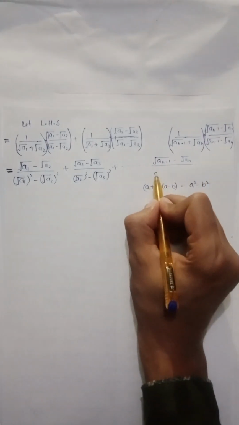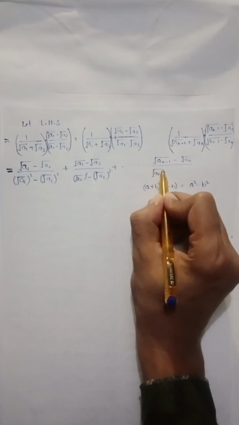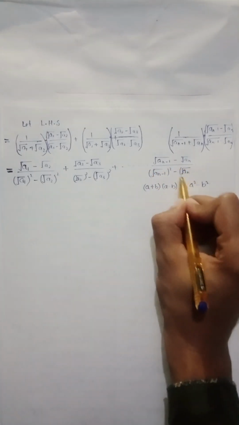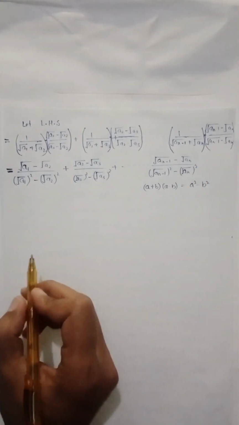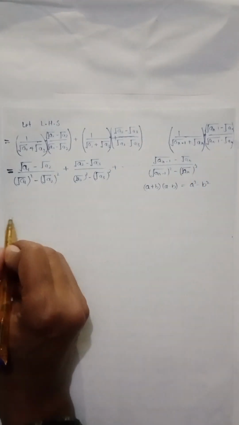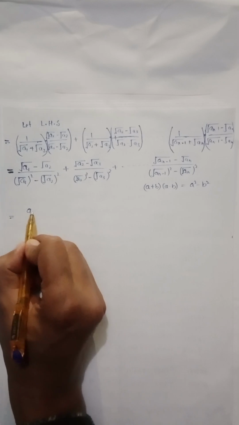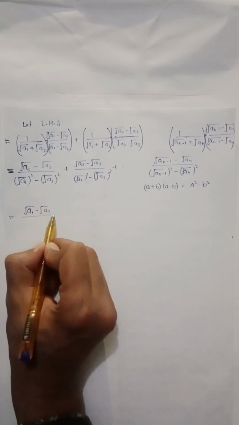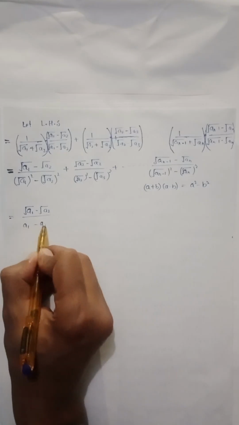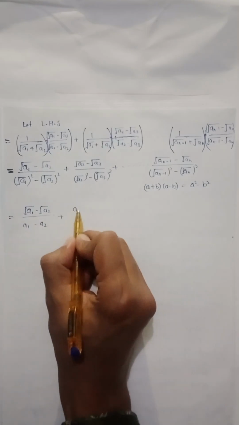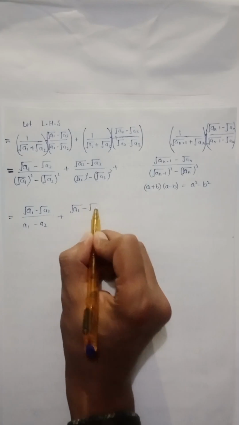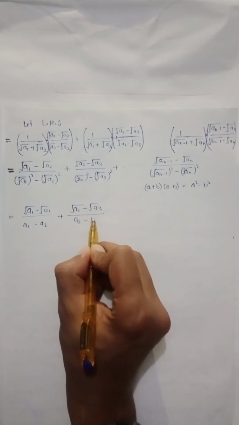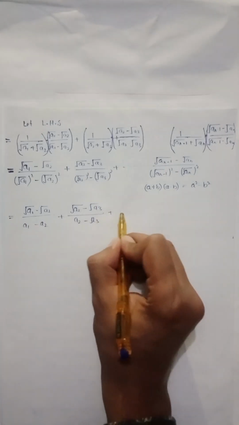This becomes root a1 minus root a2 divided by a1 minus a2, plus root a2 minus root a3 divided by a2 minus a3, plus so on, root a(n-1) minus root an divided by a(n-1) minus an.